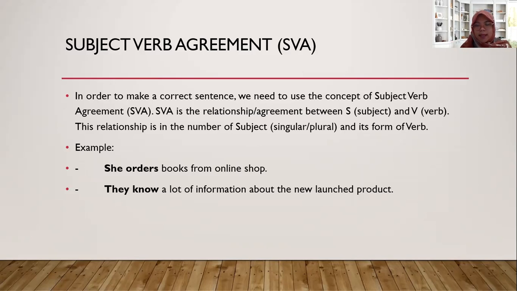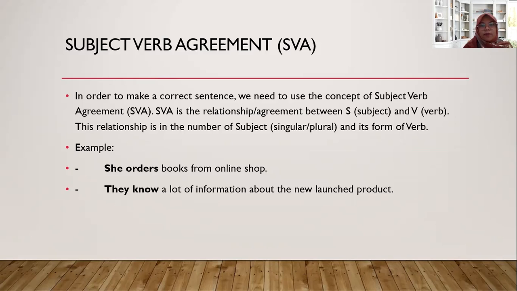So please pay attention to the material that I explained. In order to make a correct sentence with a correct grammatical structure, we need to use the concept of subject-verb agreement. Subject-verb agreement is the relationship between a subject and a verb. This relationship is in the number of the subject, whether it is singular or plural, and the form of the verb.